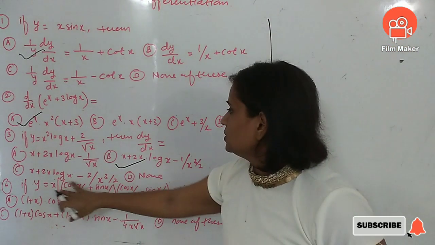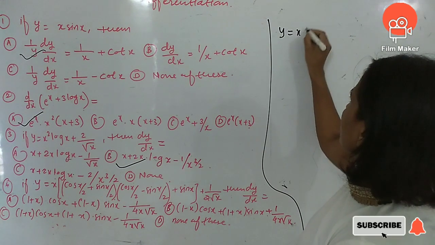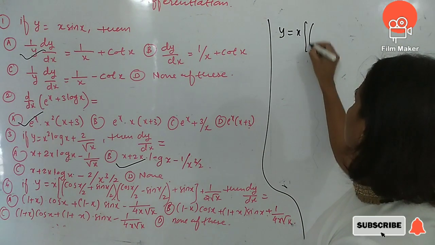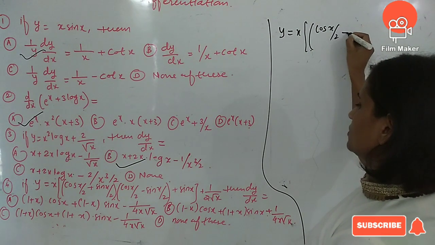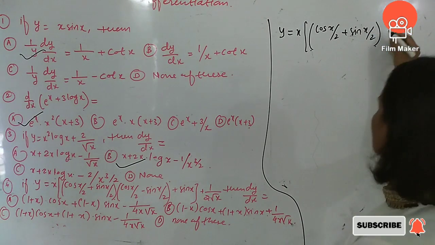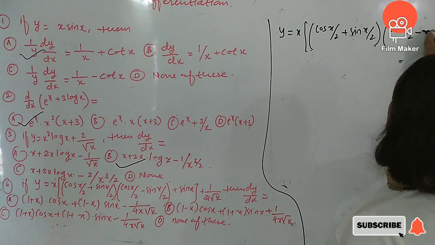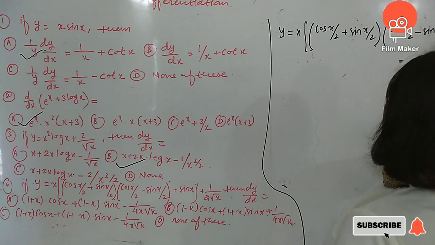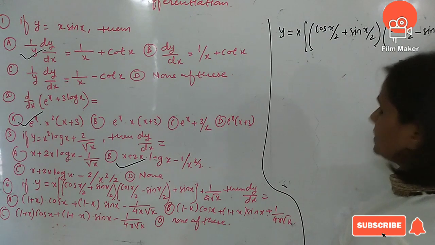Then the fourth question. So the fourth question is y is equal to x square bracket cos x by 2 plus sin x by 2, in the second bracket cos x by 2 minus sin x by 2, and plus sin x.